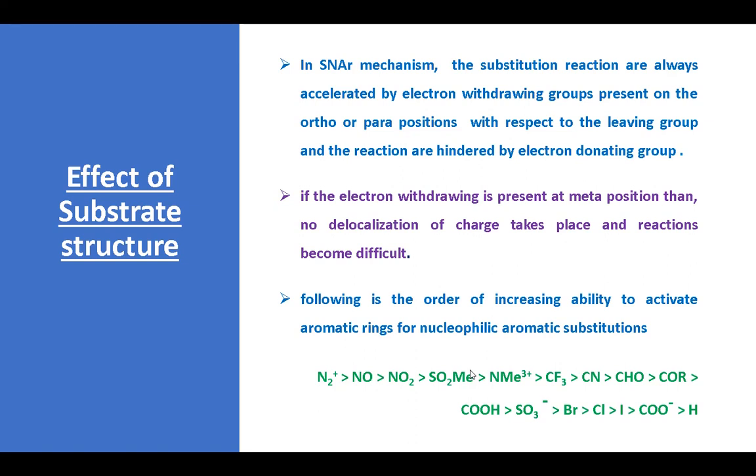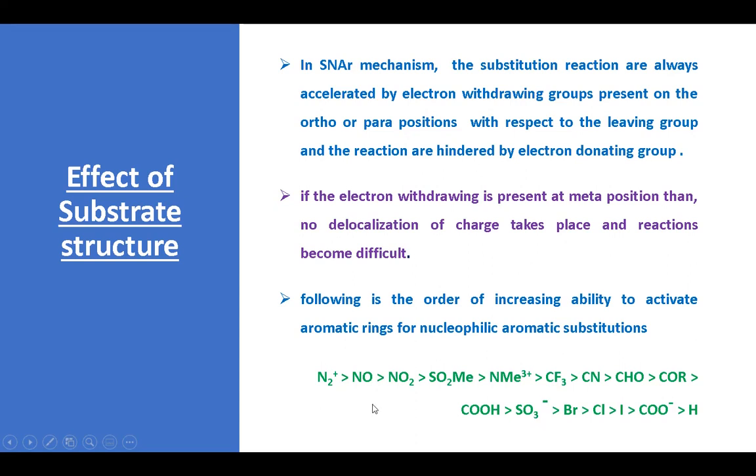On the contrary, if the substrate has electron-donating substituents, then reactions go slower. For common substituents, following is the order of increasing ability to activate aromatic rings for SNAr substitutions.